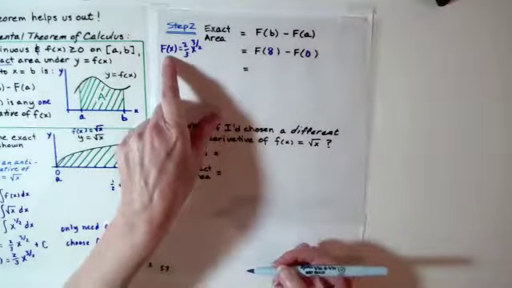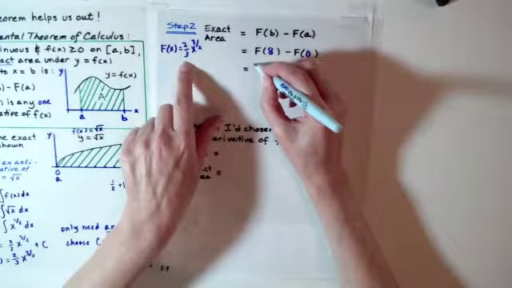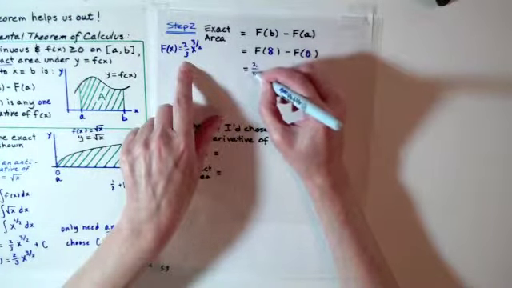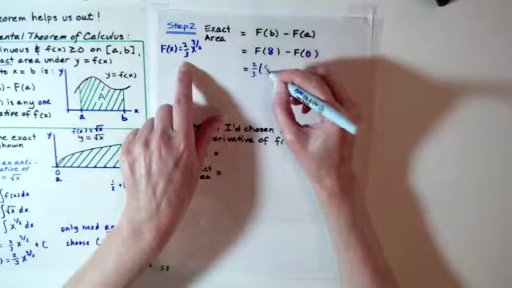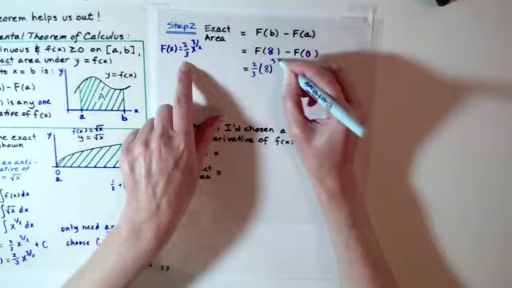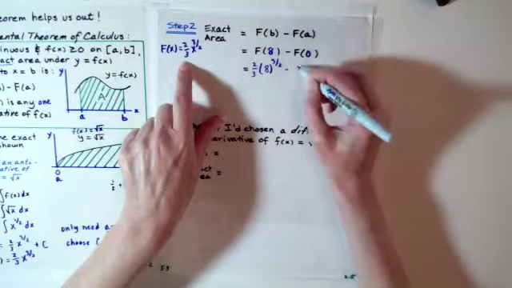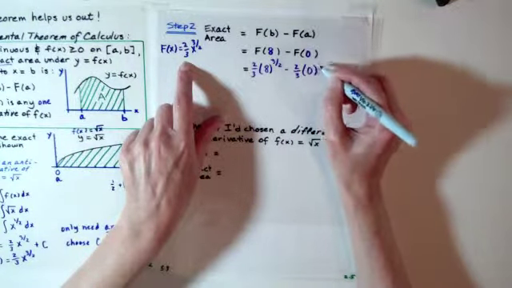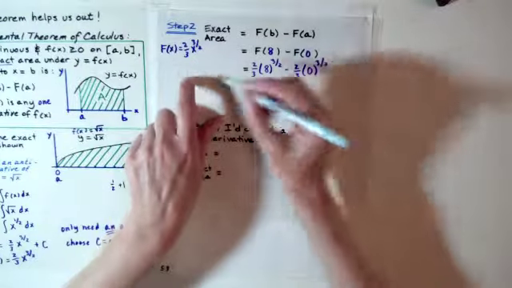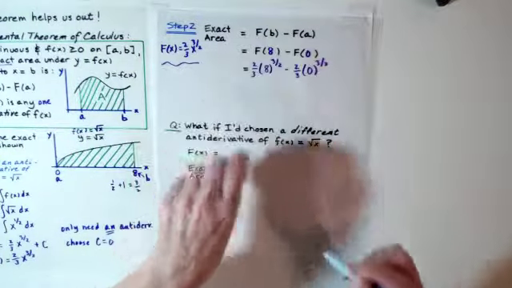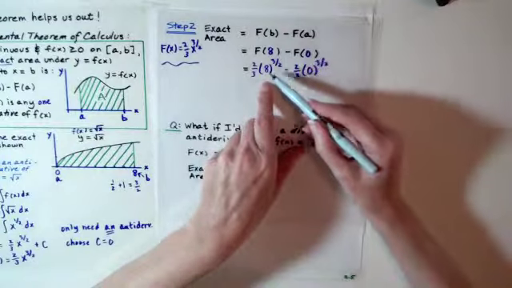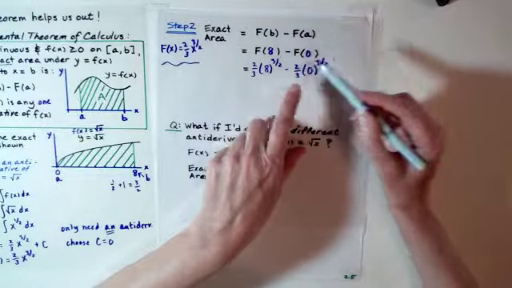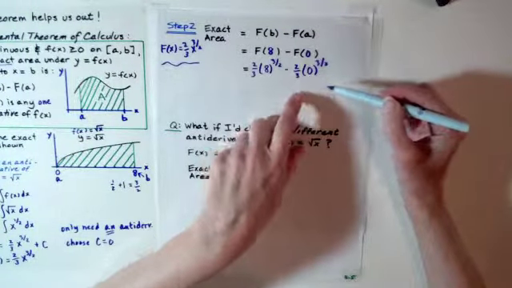Well, here's my function, so let me go ahead and plug that in. I'm going to be figuring out 2/3 times 8 to the 3/2 minus 2/3 times 0 raised to the 3/2. So that would be the antiderivative I chose with c equal to 0. I evaluated it at the right-hand endpoint and then subtract the value at the left-hand endpoint.